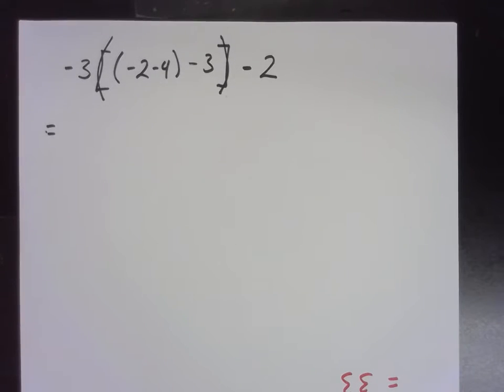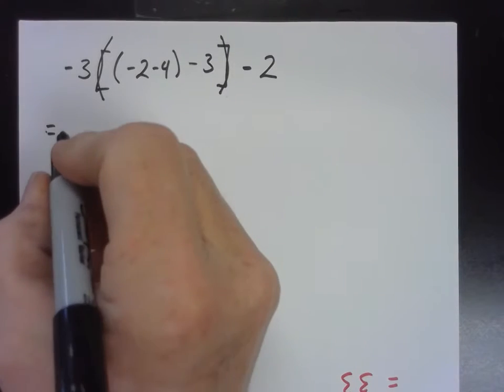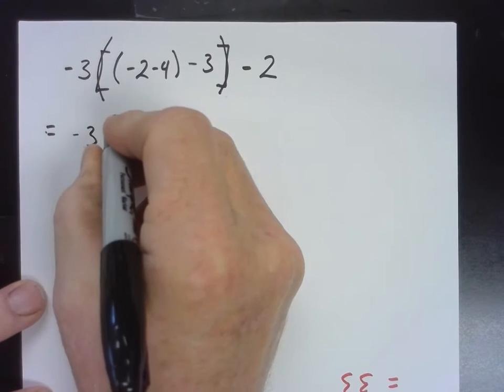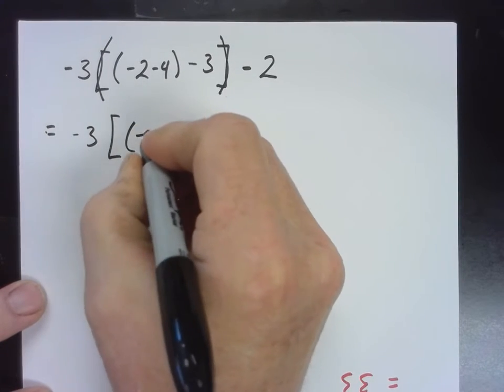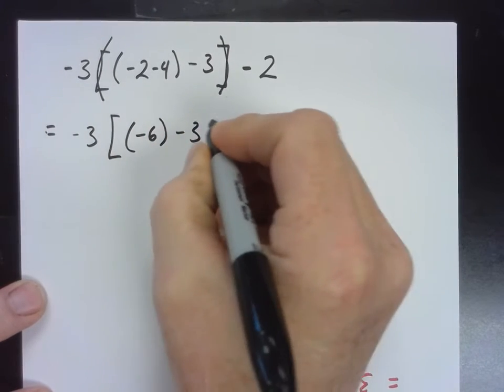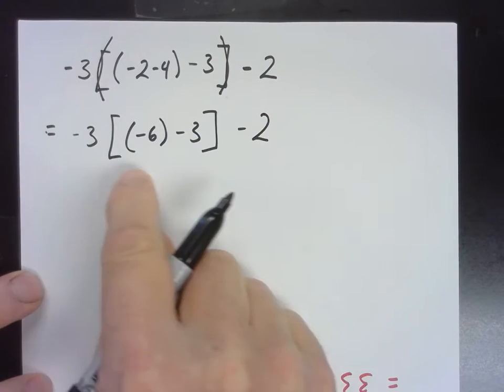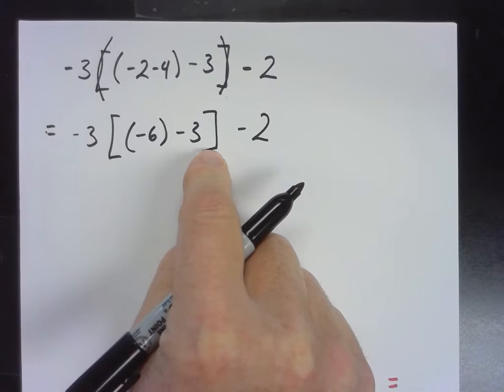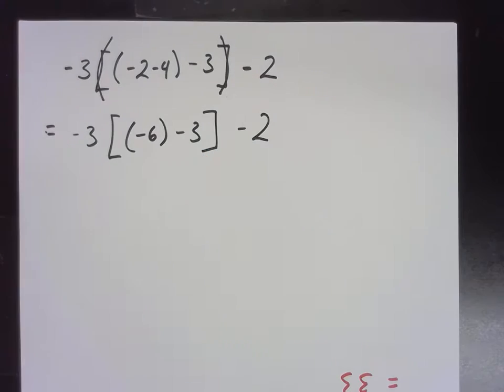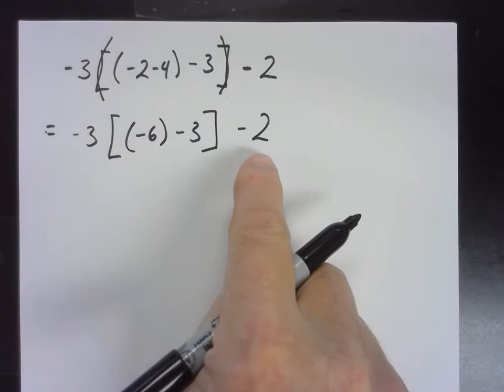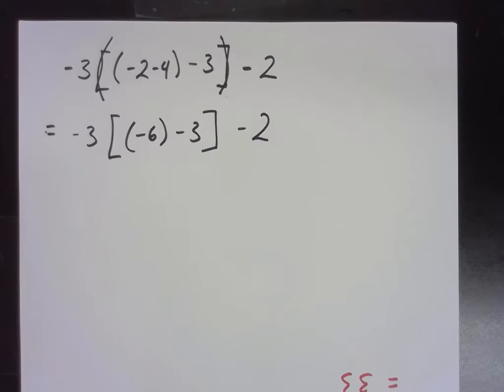What actual operation do you see that we need to do first? -2 minus 4. Yeah, -2 subtract 4. And as you write this down, don't get lazy, don't leave stuff out, don't change brackets to parentheses, just do a little bit. That's the first step. If you'll do that and write it down like this, now it's pretty clear what we need to do next, isn't it?